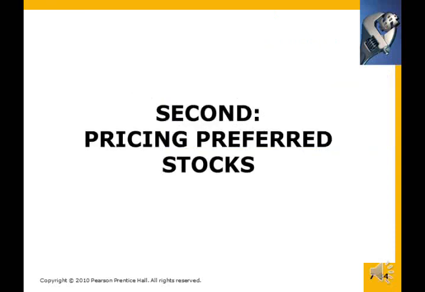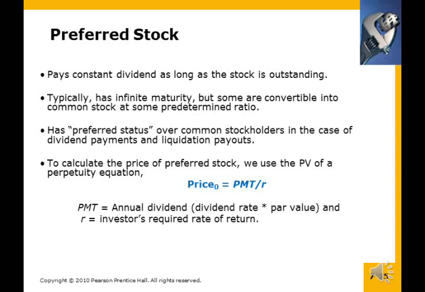Second, pricing preferred stock. Preferred stocks are hybrid between stocks and bonds. Okay? The preferred stock holders are owners of the firm, but at the same time, they take constant payments or interest like bonds.